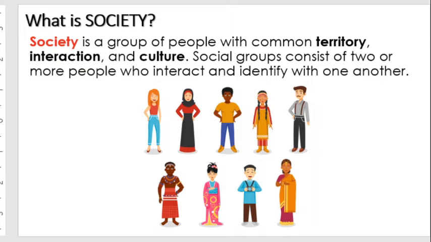And lastly, based on interaction, if there are foreign nationals who go to the Philippines and we become friends with them, so we interact with them, and they belong to our social group, therefore we can call them one society. Or you can call yourselves one society because you belong to a society that interacts. So I hope the definitions of science, technology, and society are clear to you, because later on we will use this for our activity.